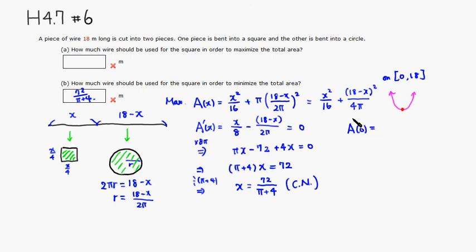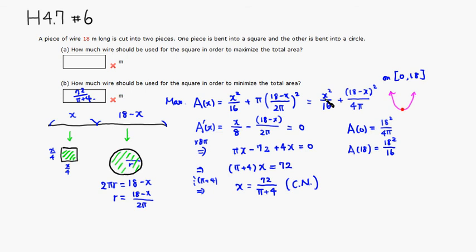A of 0 is going to be, if you put 0 here, that's 0, so that's going to be 18 squared over 4 pi. How about A of 18? It's going to be 18 squared over 16, and then that's going to be 0.